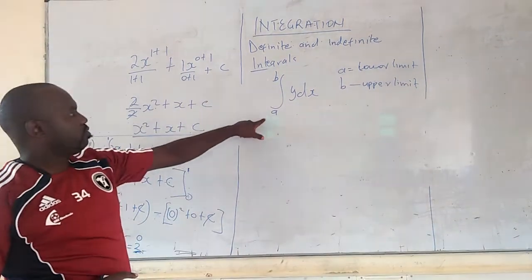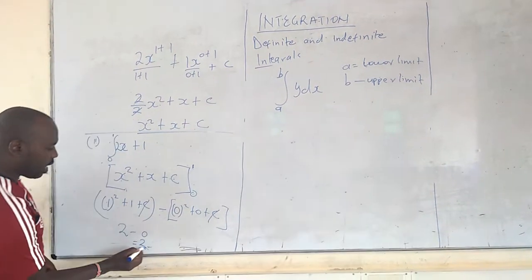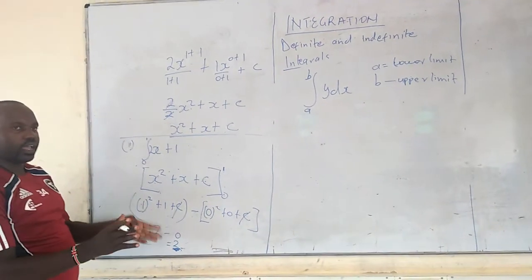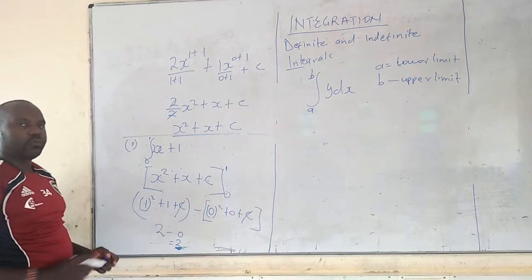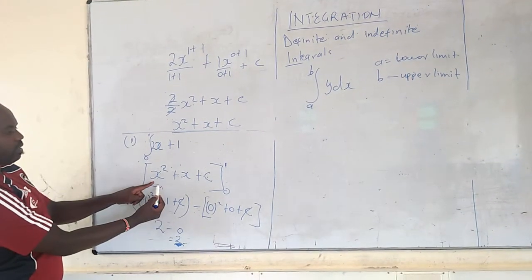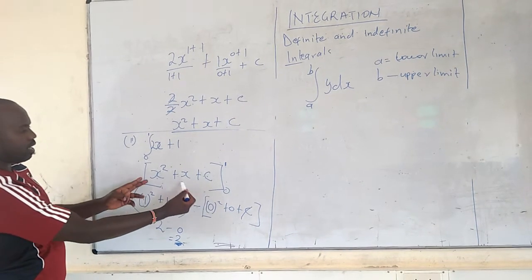When you have a definite integral, you must get a value at the end as your final answer. When you look at area under the curve, this will be the area. And how do you get this value? Once you have integrated, make sure that you subtract.